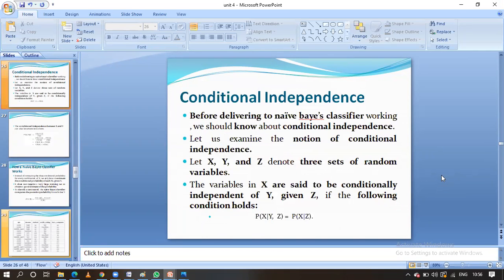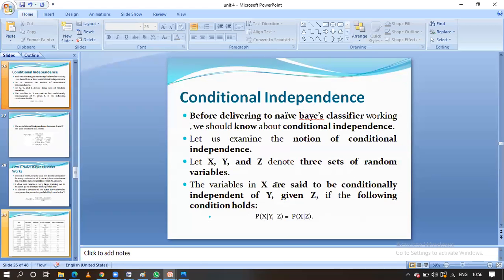Before going to discuss the Naive Bayes classifier, guys, we should know about conditional independence. Here x, y, z are three sets of random variables.